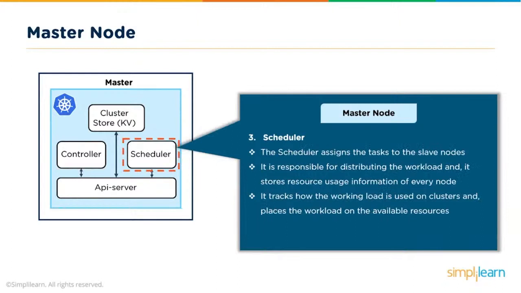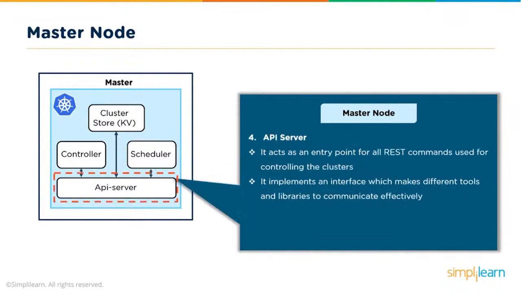The scheduler, as the name would imply, schedules when tasks get sent out to the actual nodes themselves. The nodes themselves are dumb nodes. They just have the applications running on them. The master is really doing all of the work to make sure that your entire network is running efficiently. And then you have the API server, which has your REST commands and the communication back and forth across your network that is secure and efficient.